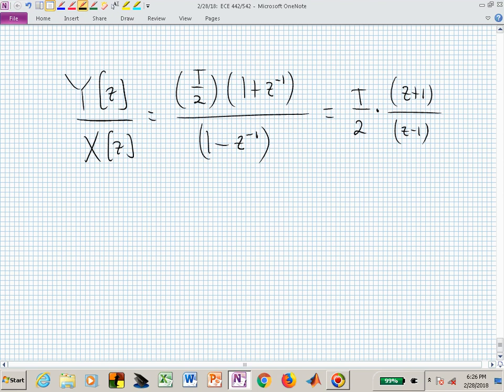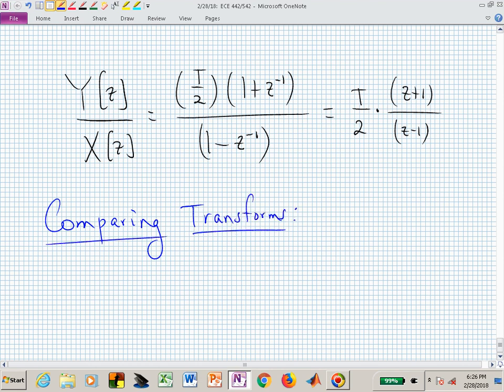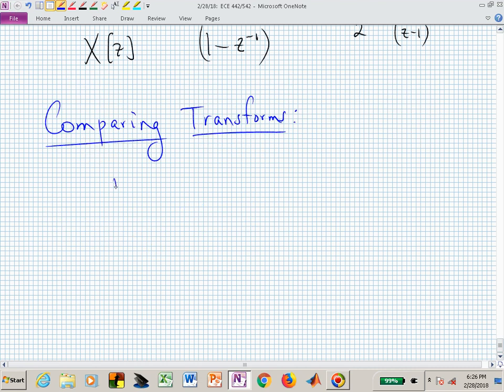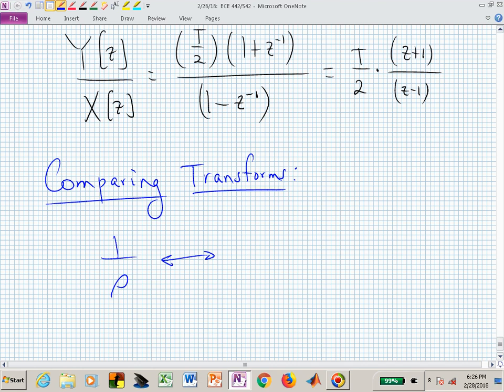And you can already kind of see this connection with the continuous, or the analog case. Let's now compare transforms. One over s now is compared with capital T over 2 times z plus 1 over z minus 1.